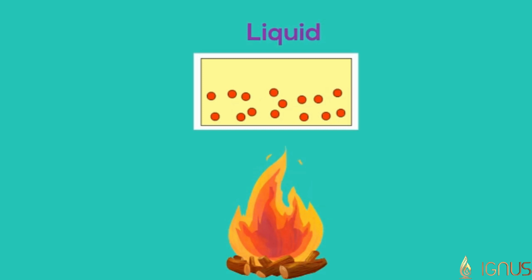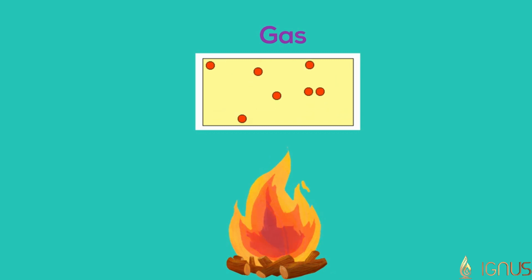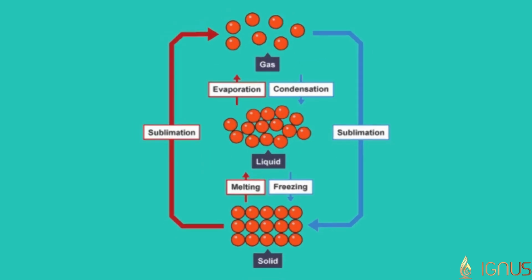If you reverse the process and cool instead of heat, gas particles move slower and become liquid at a temperature same as the boiling point. This process is called condensation.